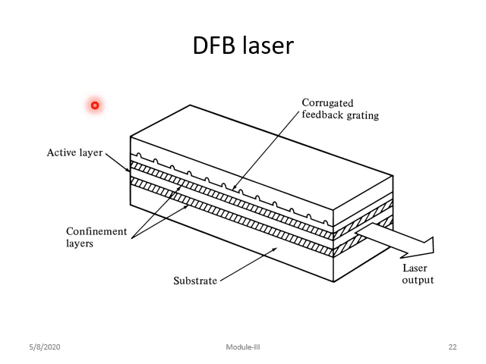So the lasing action in a Fabry-Perot cavity and in a DFB laser is quite different, because we are using Bragg reflectors within the corrugated feedback grating to make a different structure compared to the light emitting diode.